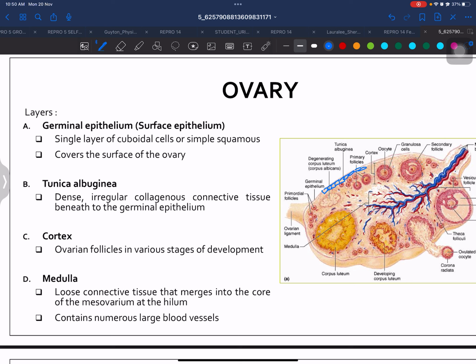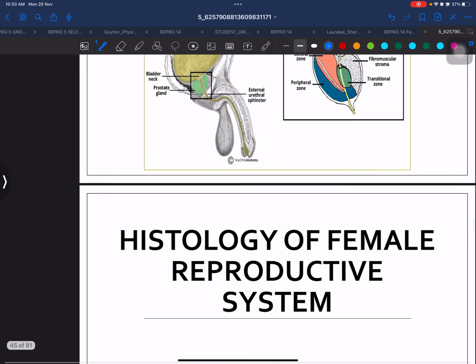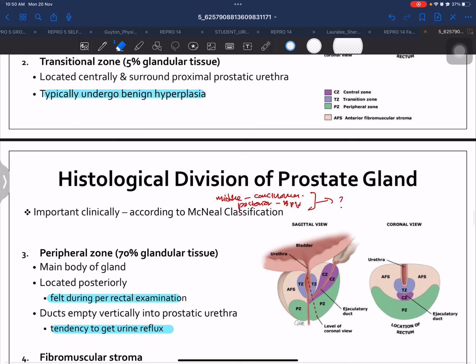It is a dense irregular connective tissue. Then we have the cortex of the ovary, where you can see a variety of germinal cells at various stages of development. Then the medulla, where you can find loose connective tissue and most of the blood vessels.